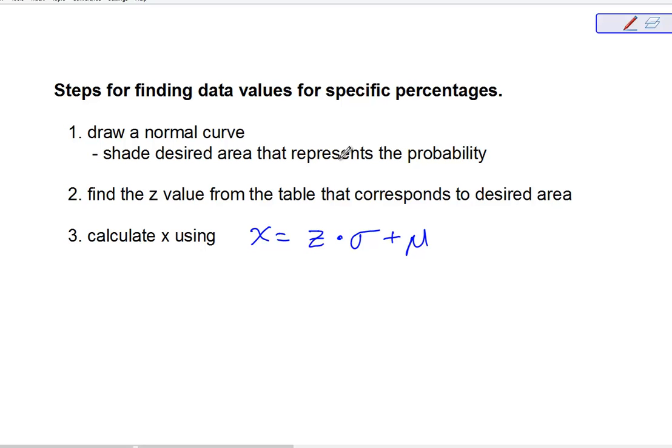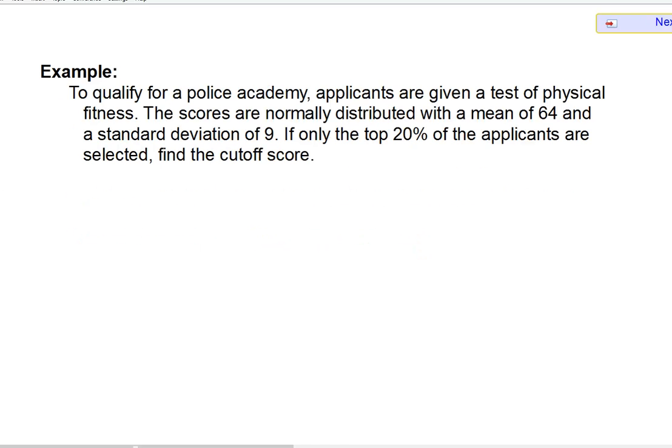We can't use the area or the probability, we have to use the z, because our formula uses the z. So we have to look at that z-value. Then what we do is we plug it into this formula and we do the calculation. Let's look at an example and see if we can do this.